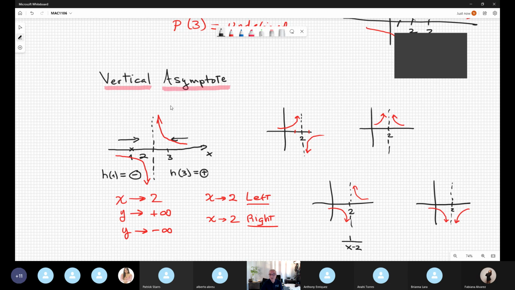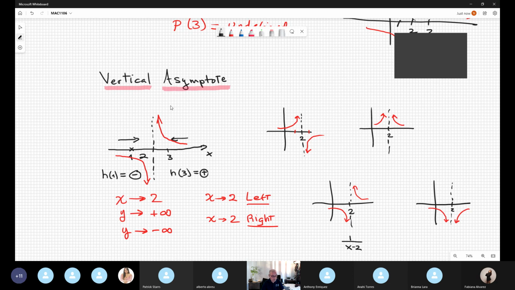When the power is even, the square is always positive in both directions. And likewise, this is minus 1 over x minus 2 squared. This is similar to this, but with the opposite sign, negative 1 over x minus 2.